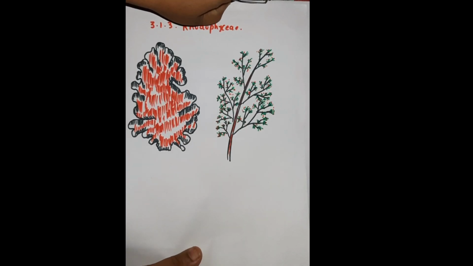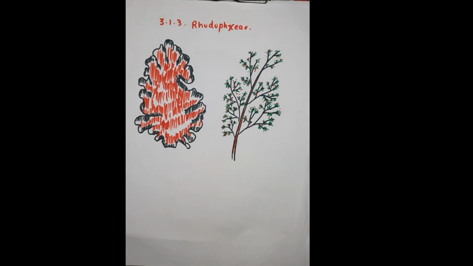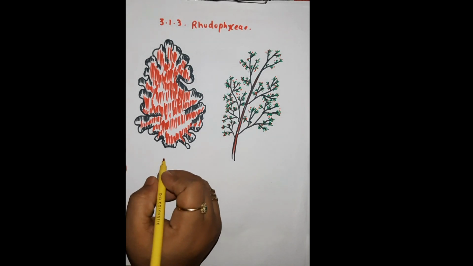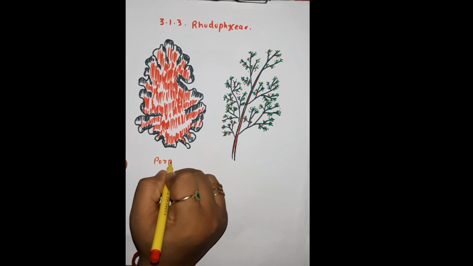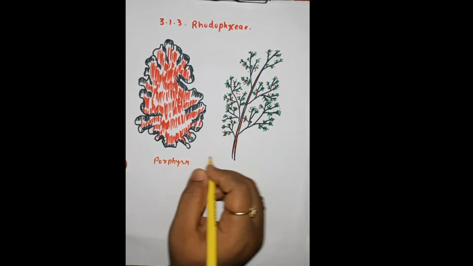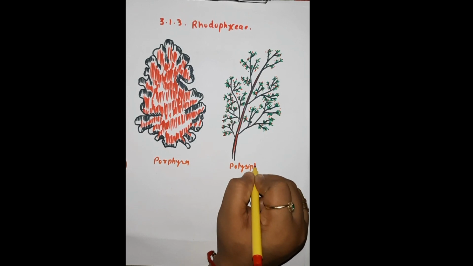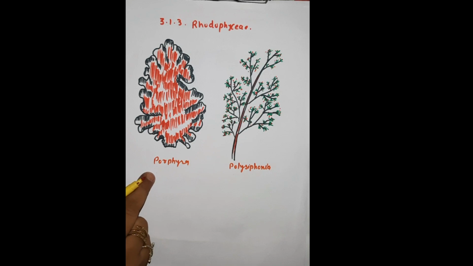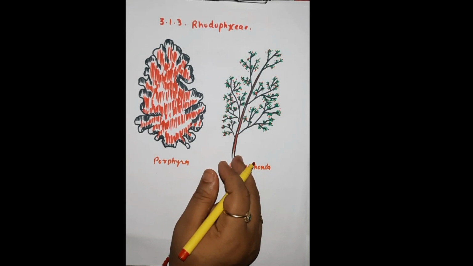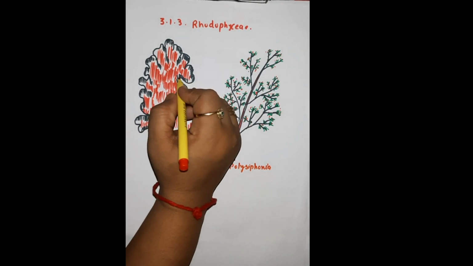So you can see this diagram. Rhodophyceae, its examples. This one is Porphyra, and this is Polysiphonia. Okay, so remember, this is the example of Porphyra, red algae, and this is Polysiphonia.